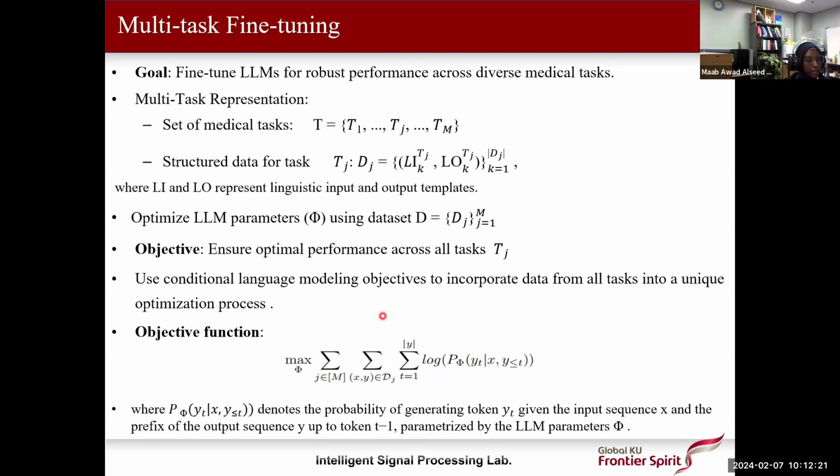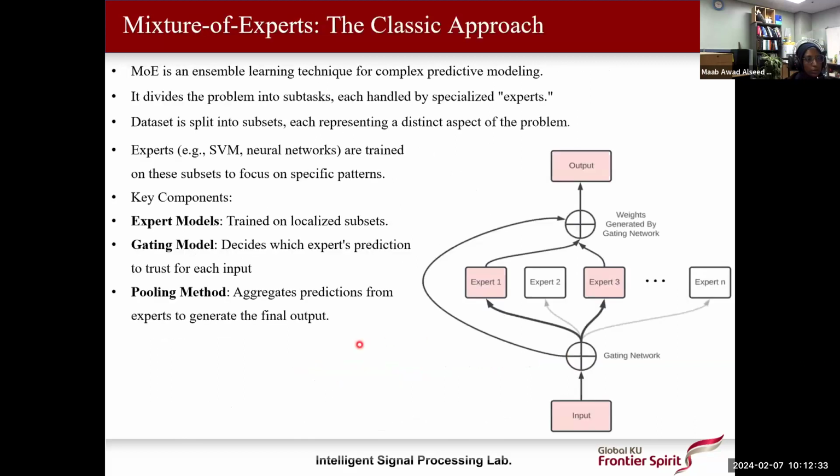So that is how we can optimize the large language model across the whole dataset with different tasks.